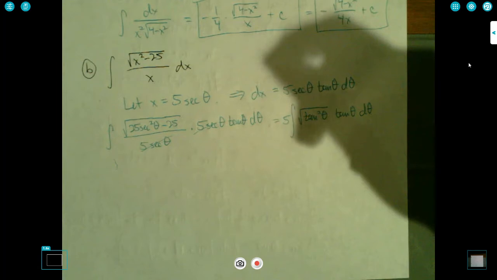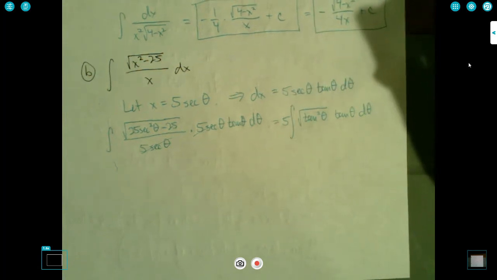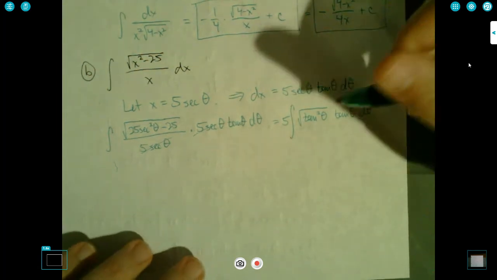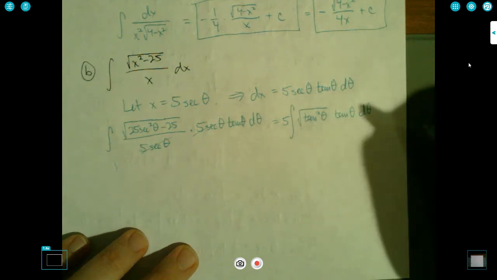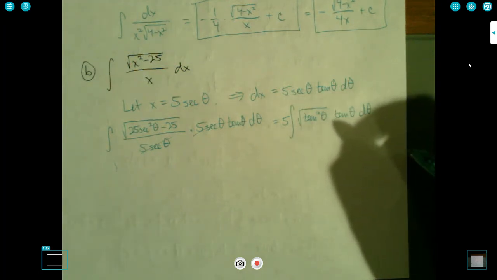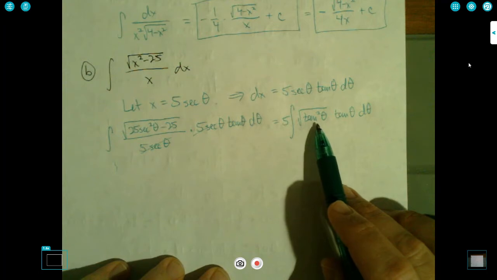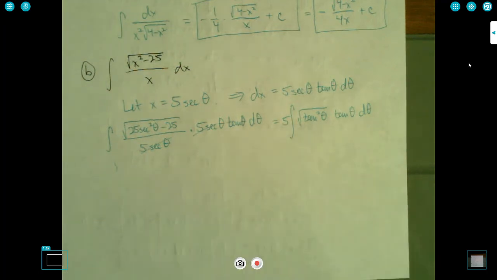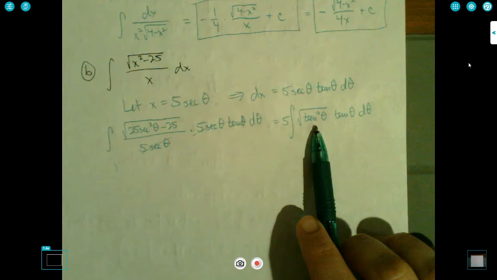Okay, so that's not scary at all. So square root of tangent. Hold on a sec. Yeah, square root of tangent squared is just tangent. I mean, technically it's absolute value of tangent, right?